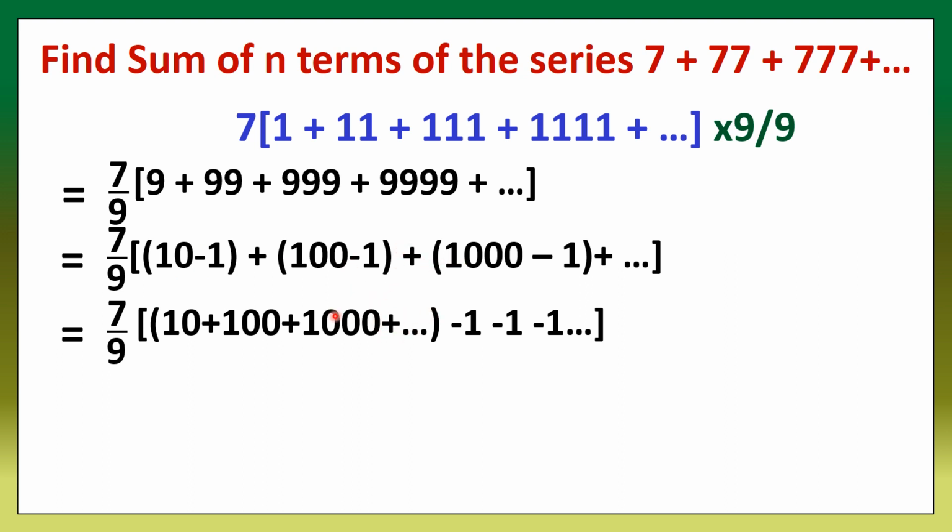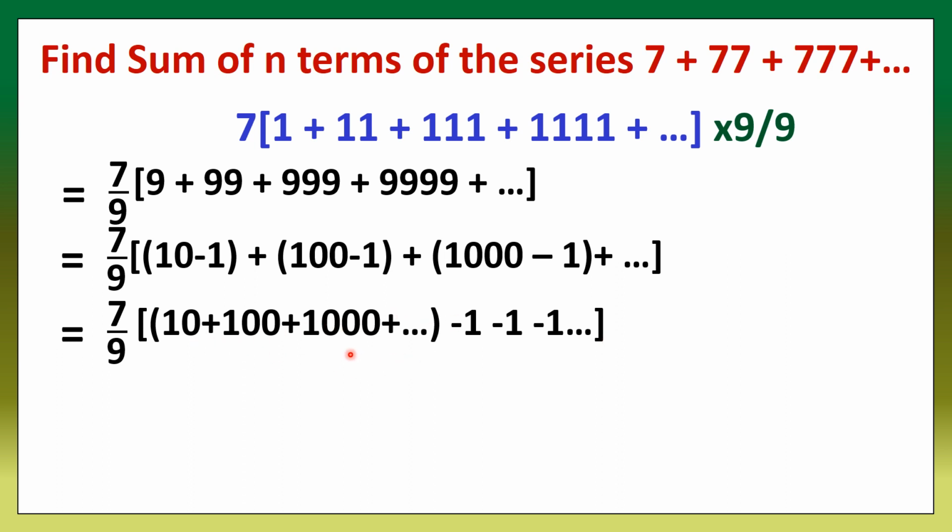That is a group which is in geometric progression. 10 into 10 is 100, 100 into 10 is 1000. Like that, this group is in geometric progression now. And these minus ones, minus 1, minus 1, minus 1, up to how many terms there are, that many minus ones will be there. So that is taken like this, minus 1, minus 1, minus 1 dash. So we got a geometric progression here.